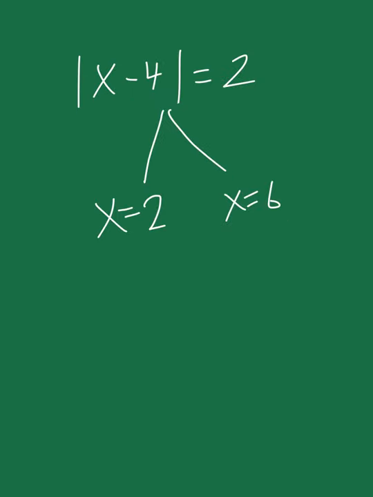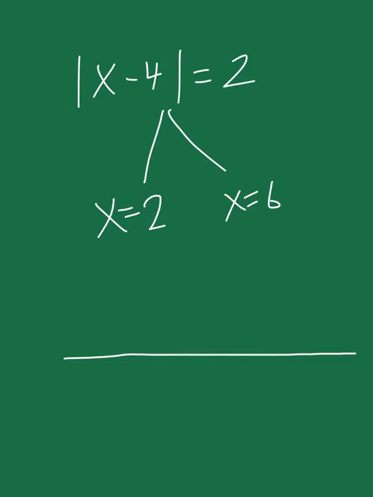Here I have an absolute value equation with the solutions. It's the absolute value of x minus 4 equals 2, and the two solutions are x equals 2 and x equals 6. Well, let's take a look at what this means geometrically. If I have a number line here, this value is your A value.